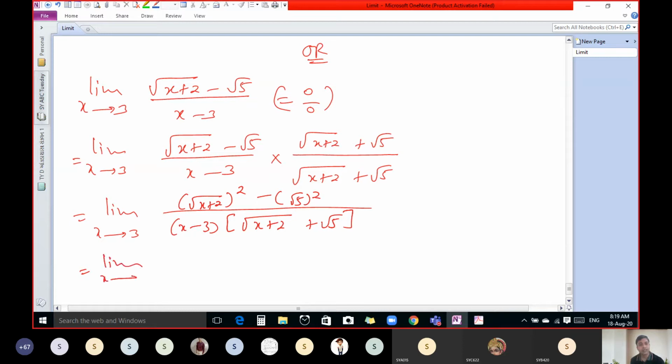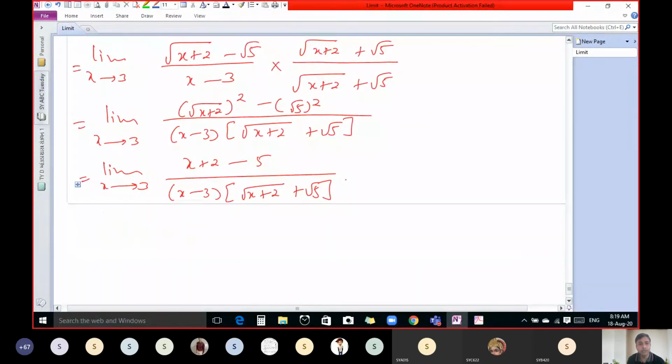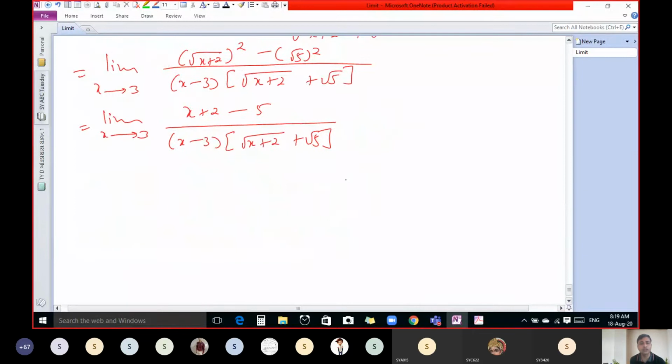Then we know that this root x plus 2, the whole square is x plus 2, minus root 5 square is 5, upon, keep this as it is. And now our numerator becomes, obviously, plus 2 minus 5 is 3, minus 3.